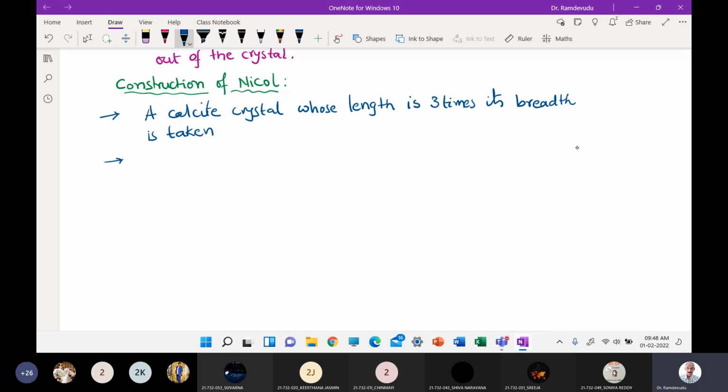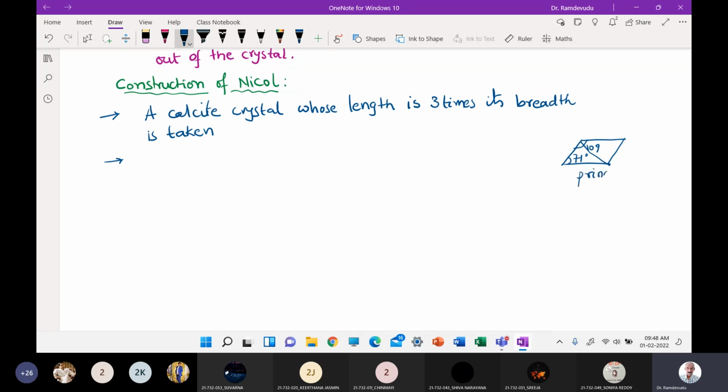If I take a crystal like this, this is the principal section I'm taking, and we have seen in the previous case that in the principal section the angles are 109 degrees and 71 degrees.